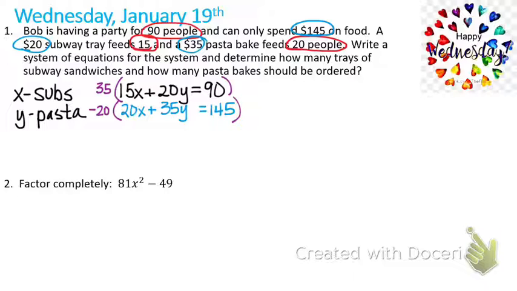So using your calculator, I want you to multiply this top equation by 35. So we got some big numbers, which is why you all need calculators. So we're going to multiply this top equation by 35.